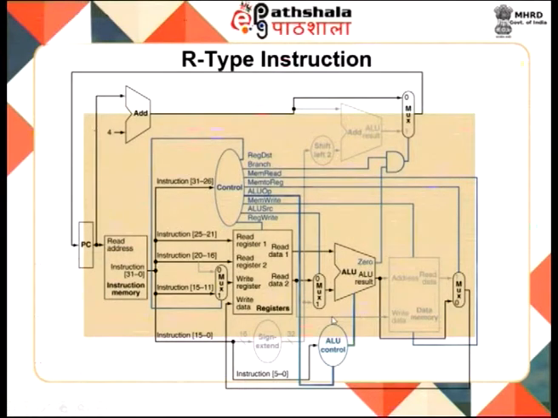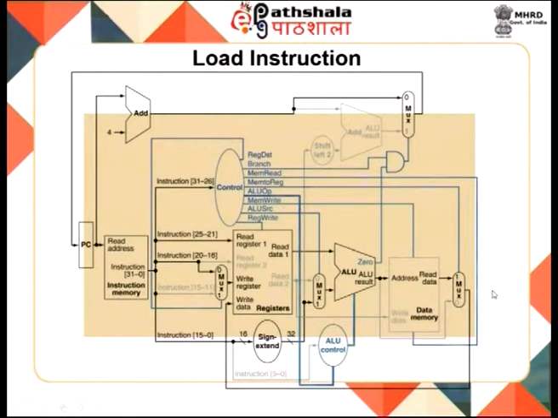A memory operation does not happen here because it is only an R type of instruction, and then the write back happens from this multiplexer. So, the result of your ALU operation is passed on to this multiplexer and from there it is written into your register file. This is for an R type of instruction.